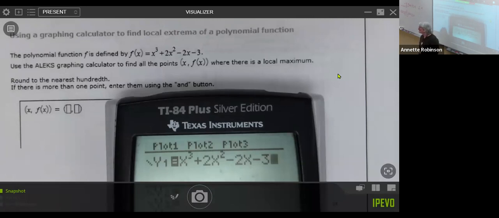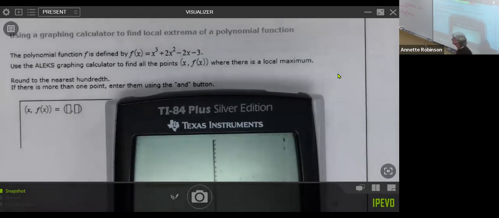Just to be safe, would you hit the zoom button and number 6? I was just getting you back in standard window in case you did something with your calculator somehow and got it off. How's our graph compare?